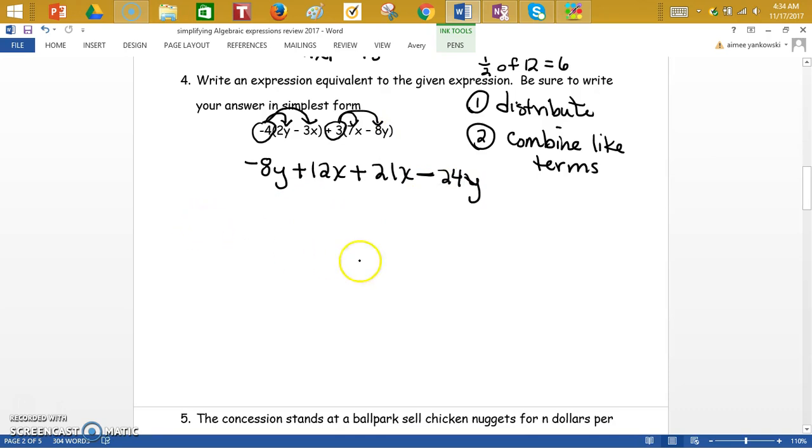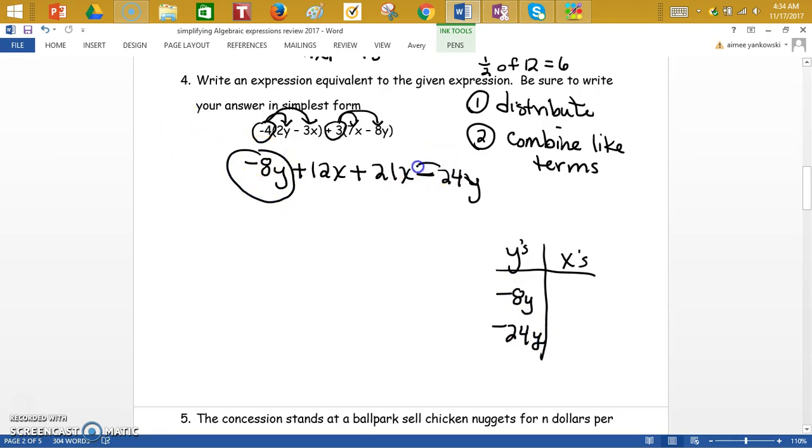Now I'm going to go ahead and combine like terms. So my chart now actually has y's and x's. So I have negative 8y minus 24y. I have to combine my y's. Keep in mind, you've got to take the sign in front of that term and bring it with you.